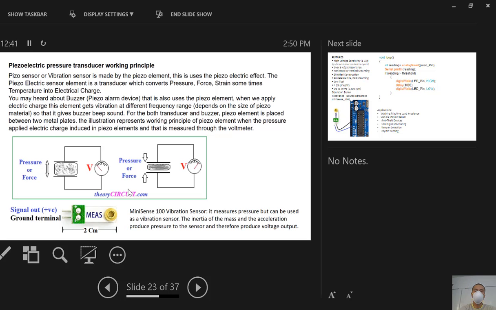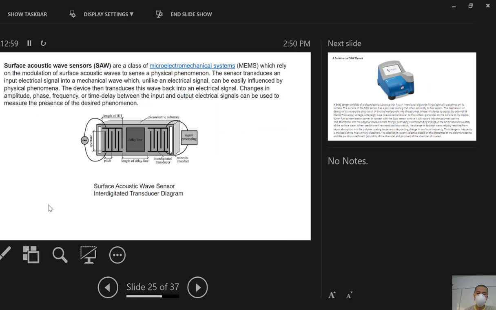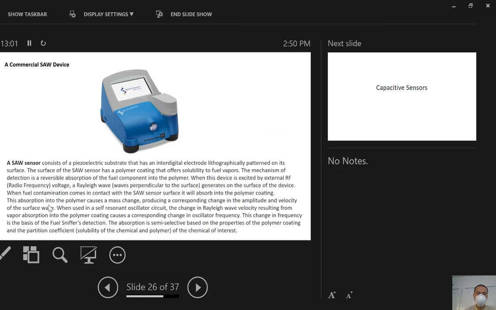Depending on the voltage you apply to the 2 terminals of the sensor, it's going to deflect in a different range. So you can use that as an actuator as well. But we are not going to work on any of these.